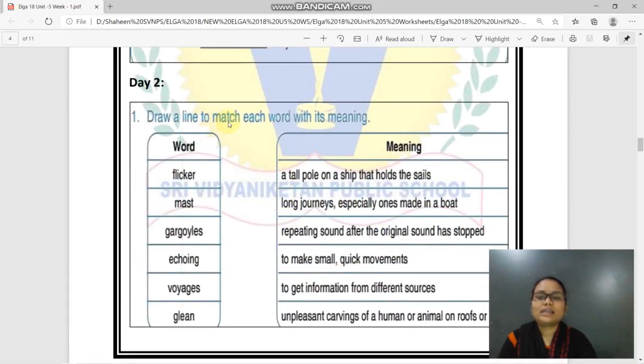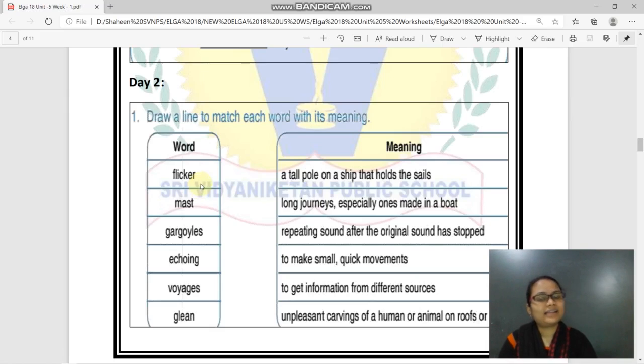Now let's move towards day 2. Here draw a line to match each word with its meaning. You can see a few words are given over here children in the word section and the meaning of each and every word present here will be given on this side. Use your which strategy?